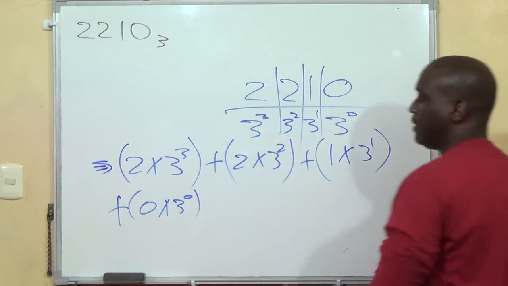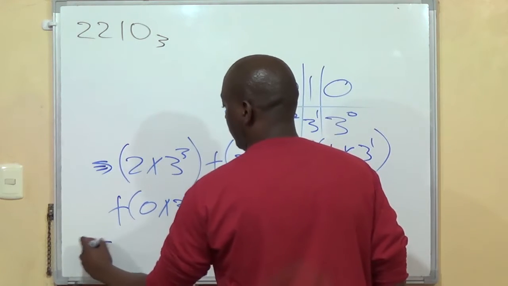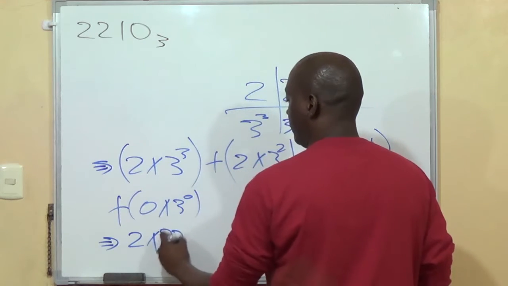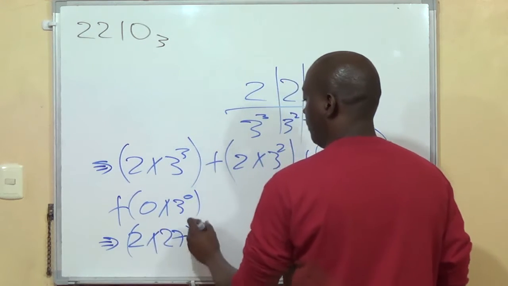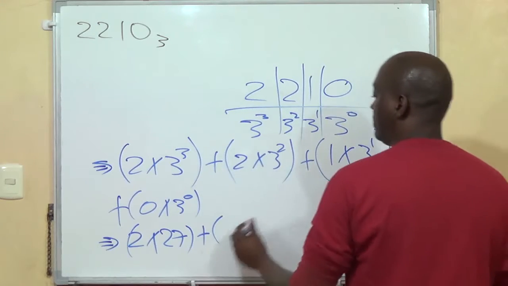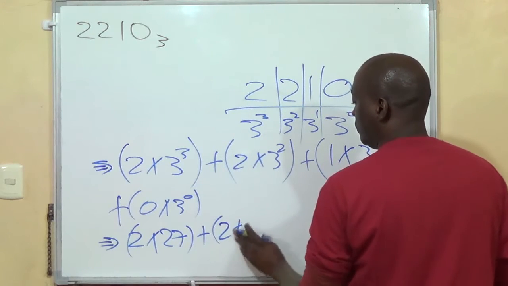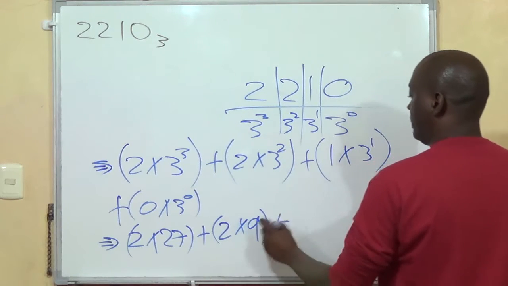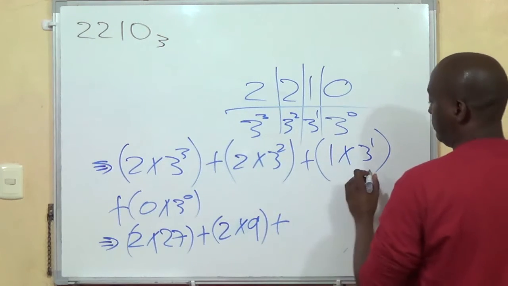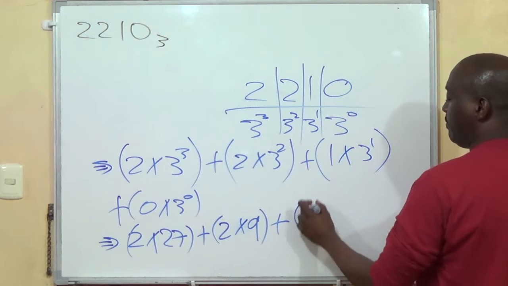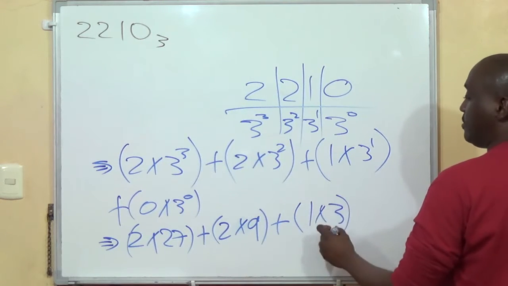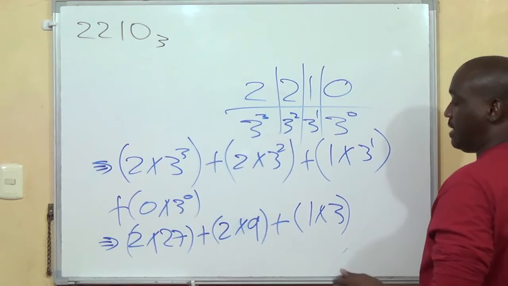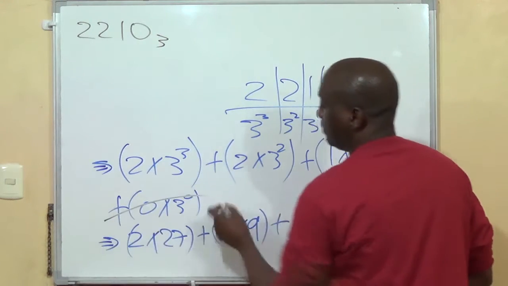Alright? And if we go further now, we get 2 by 3 cubed. 3 cubed is 27, plus 2 by 3 squared is 2 multiplied by 9, plus 1 by 3 to the power of 1 is 1 by 3, and of course this last term we could eliminate as just being 0.